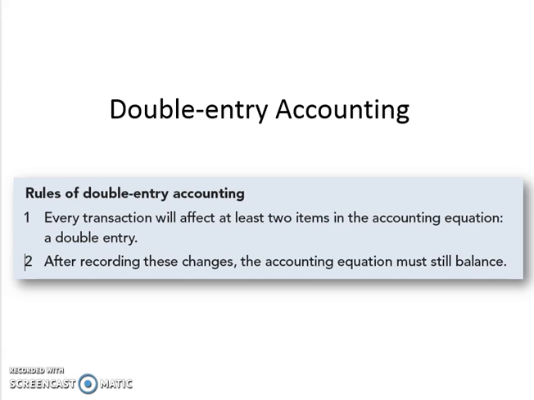Sometimes people get a bit confused when the transaction that affects two items can both occur on exactly the same side of the equation. So for instance, if I receive money from a debtor, my bank account is a current asset, my debtors are also a current asset.